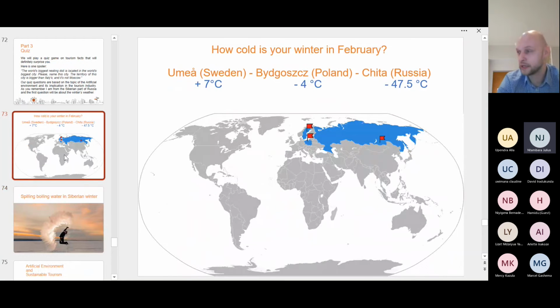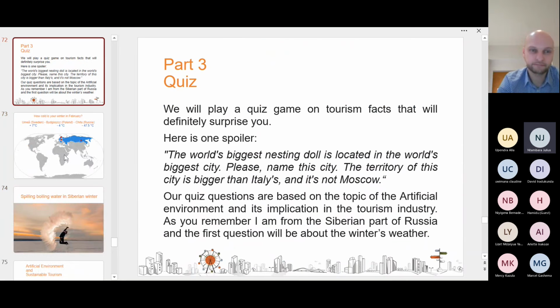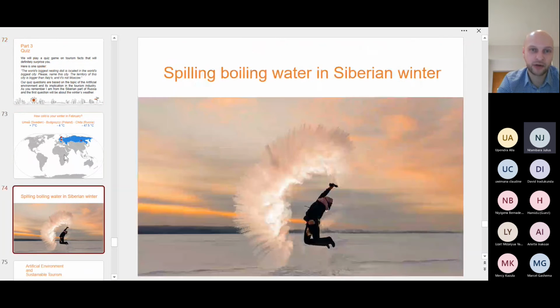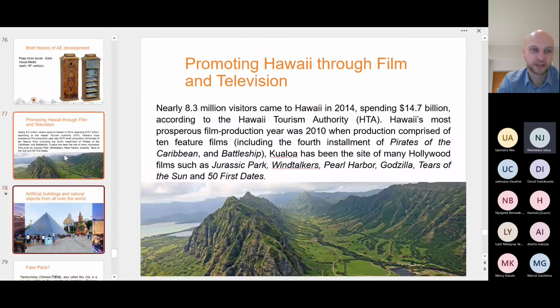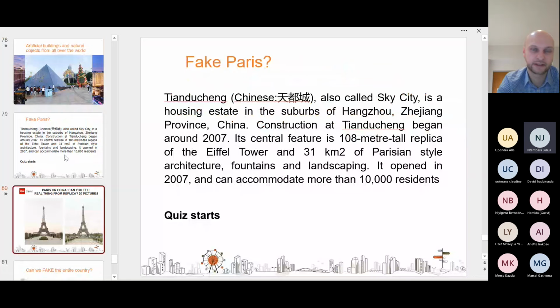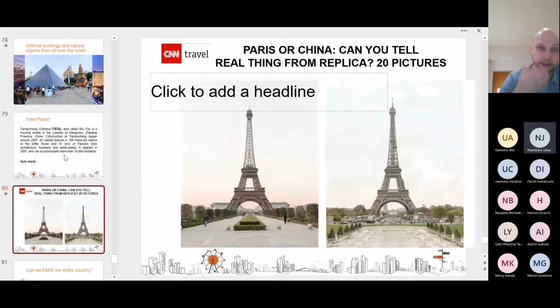And the last one, we played a quiz about artificial environments. We played the game and tried to distinguish the authentic objects and infrastructure from Paris and the copy of Paris from China, like Tianducheng, which is close to Shanghai.